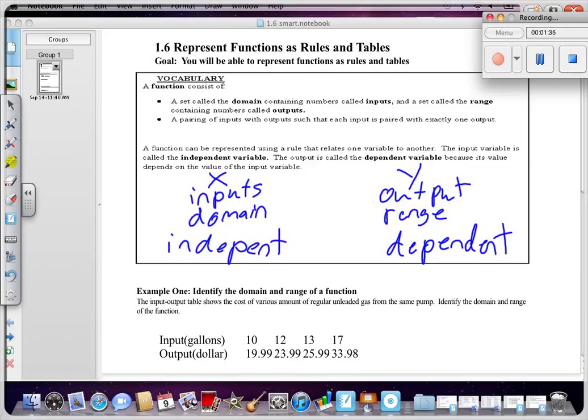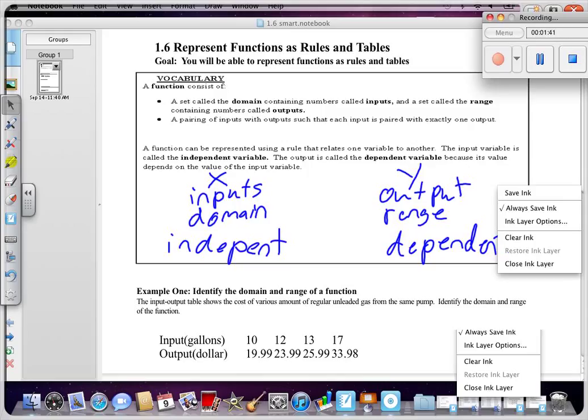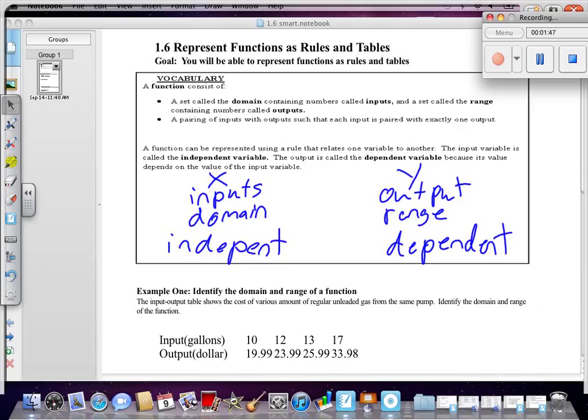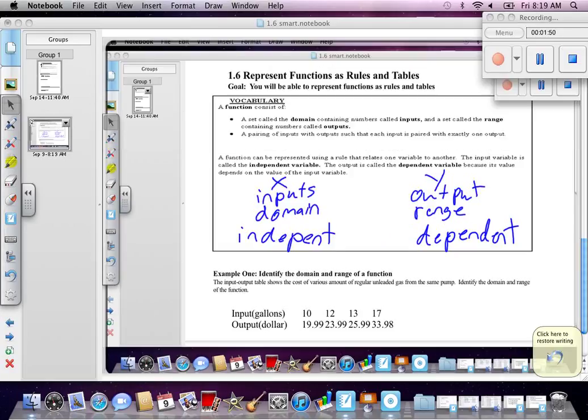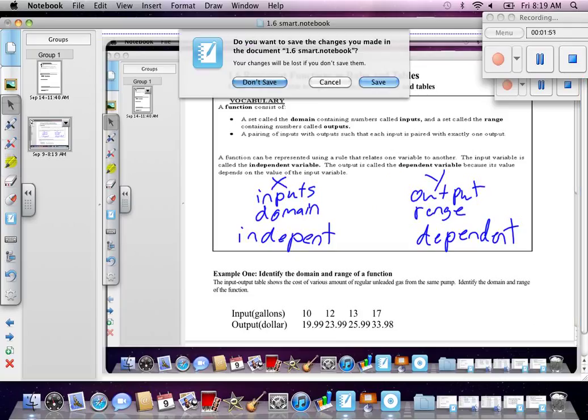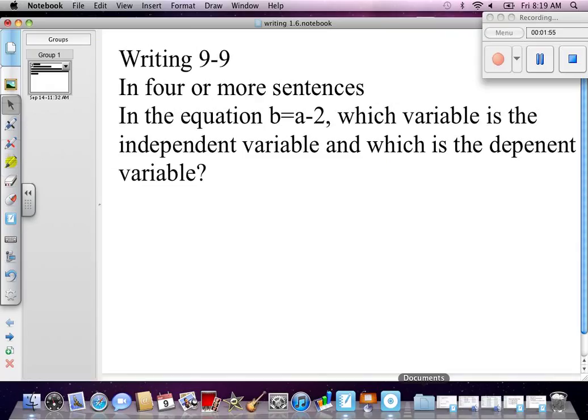All right, let's go ahead and look at example 1. You have a much better looking table than I do, luckily. Someday my computer will work like I need it to.